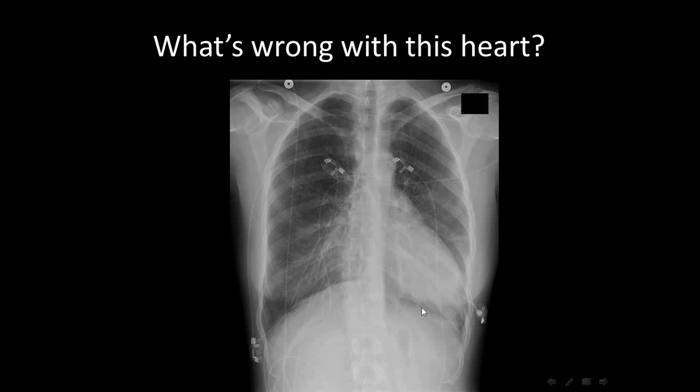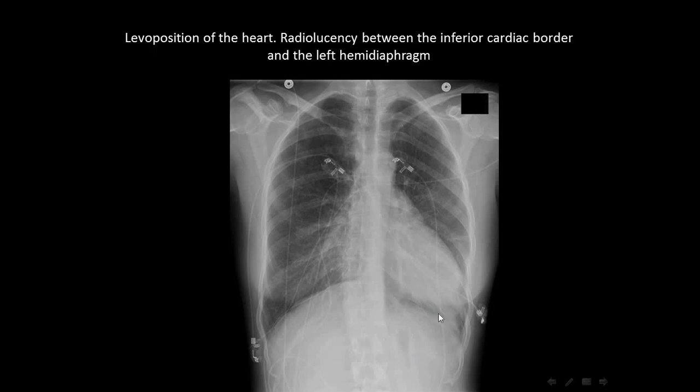And if you notice, there is this radiolucency here between the heart and the left hemidiaphragm. Usually the heart is lying on the hemidiaphragm. So we do not see this radiolucency, this air containing structure. So this is a case of, okay, before I say what is wrong with this one, we'll see the CT. But truly, yeah, there is radiolucency between the inferior cardiac border and the left hemidiaphragm.